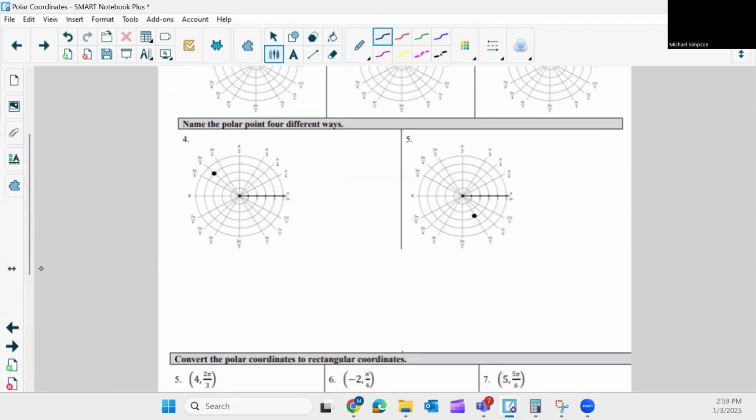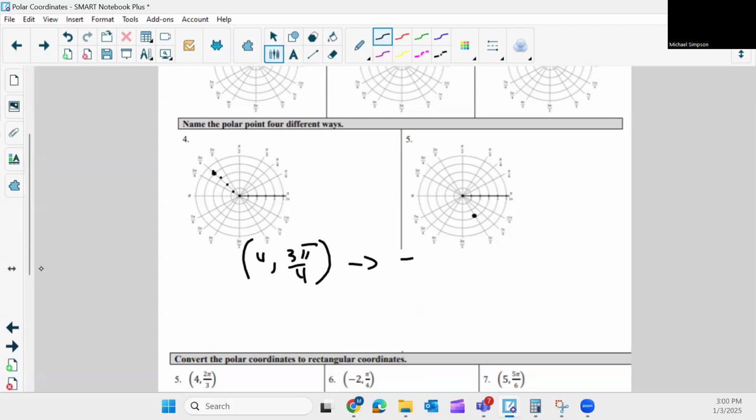Here it is. What do we have here? This is 3 pi over 4. R is 1, 2, 3, 4. So r is 4. It is 4, comma, 3 pi over 4. And so remember now, we can flip the sign.